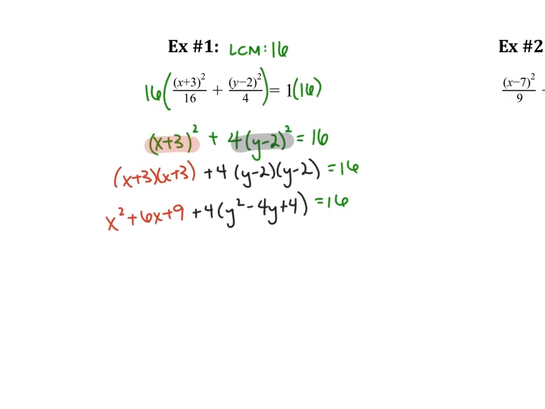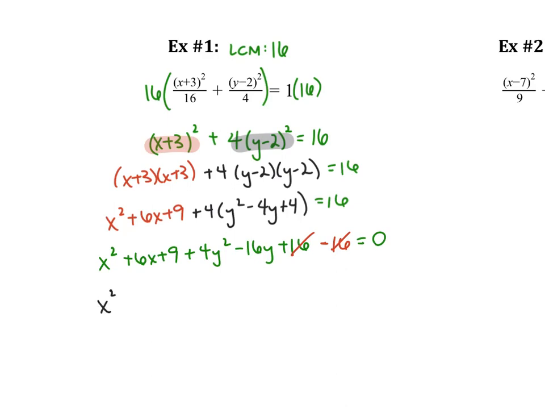When I go through and I distribute, well, this isn't going to change: x squared plus 6x plus 9. I get 4y squared minus 16y plus 16. And then I want to move that term that was all the way to the right over. Since it was positive, I want to subtract it. This particular one, those are going to eliminate, and now I can write it in its final standard form.